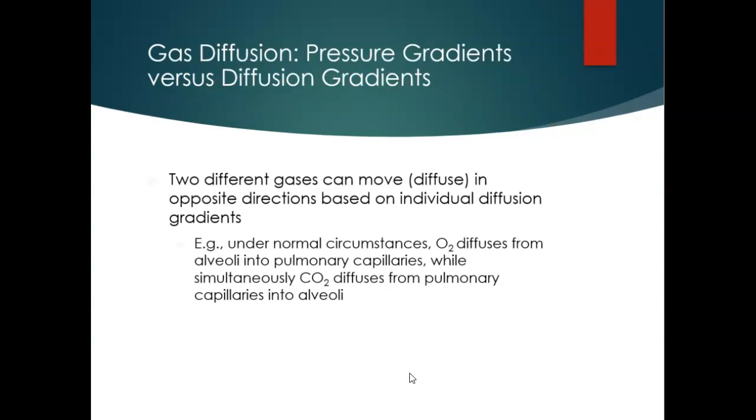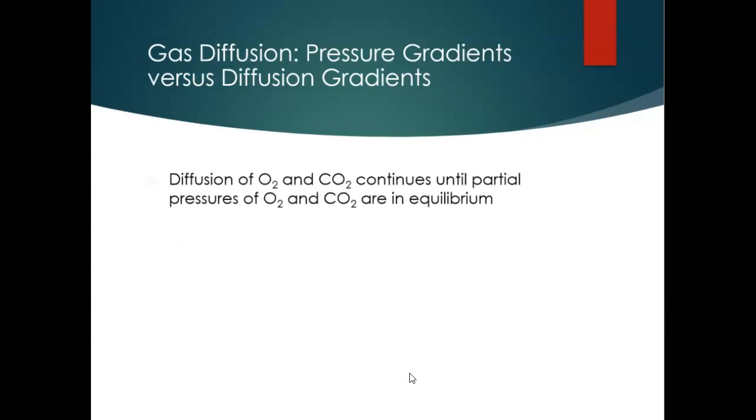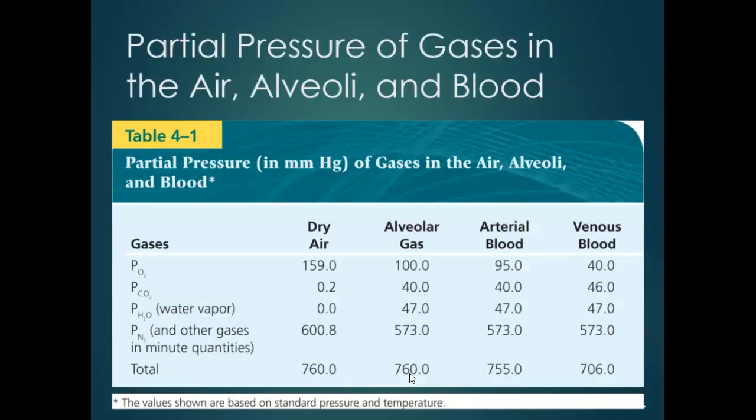Those gases are going to move in opposite directions based on their individual diffusion gradients, and the diffusion is going to continue until each individual gas partial pressure reaches equilibrium. There's a nice chart in the book that gives you some examples of the breakdown of your O2 and your CO2 in the alveolar gas versus the arterial blood versus the venous blood.